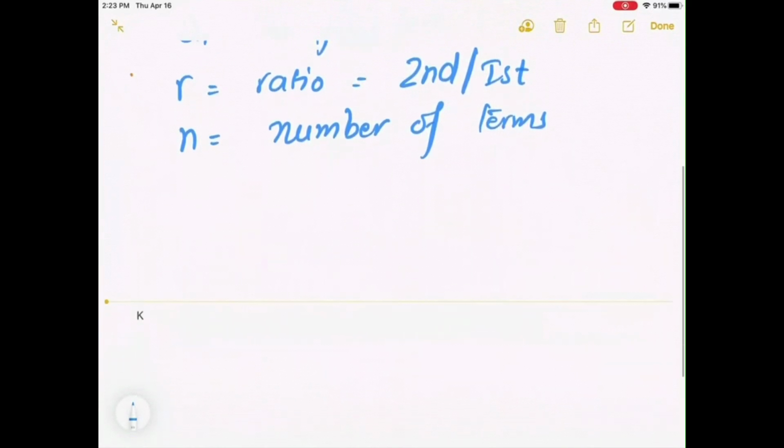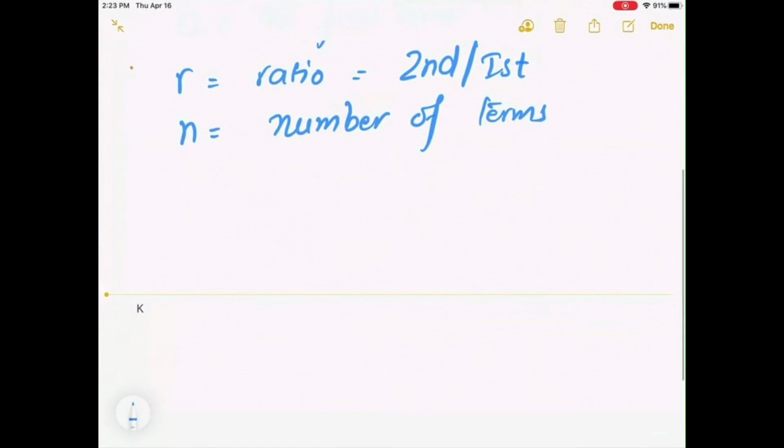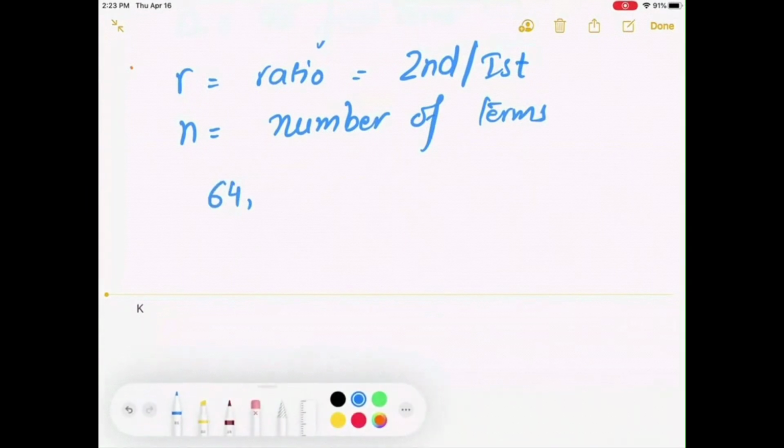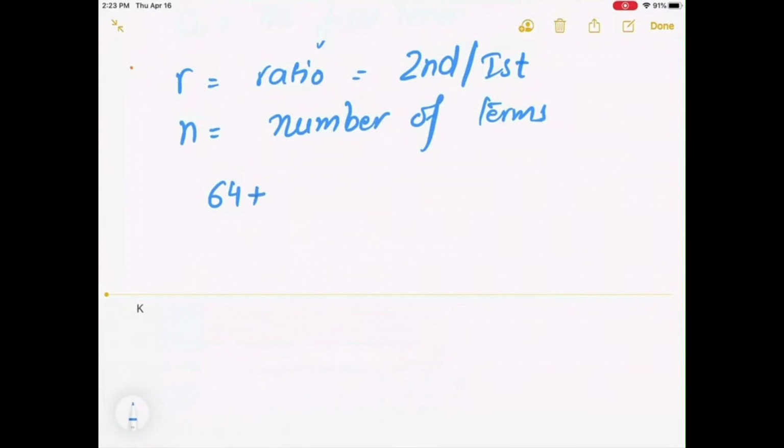So first example, I have 64, oh, it's plus, my bad, it's plus because it's a series, not a sequence. 64 plus 16 plus 4 plus 1 plus 1/4 plus 1/16. It's a finite series. Why? Because we know where it's going to end.